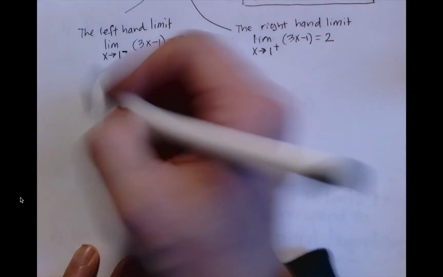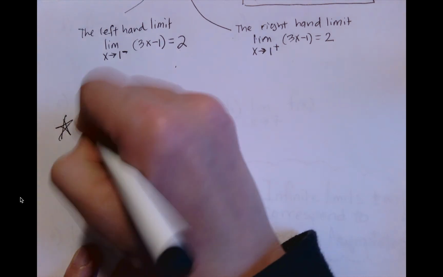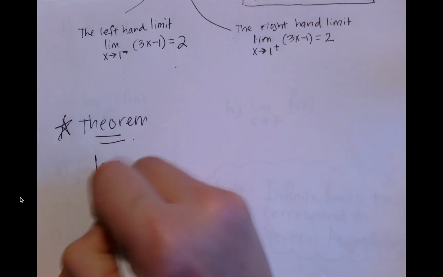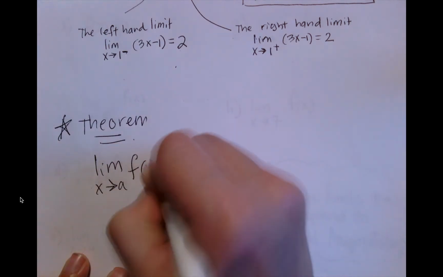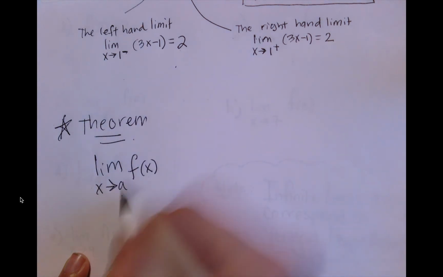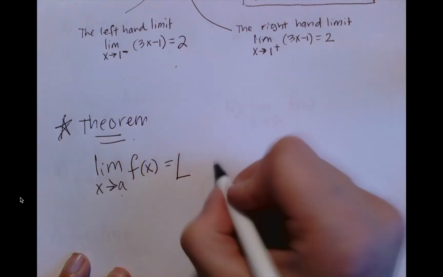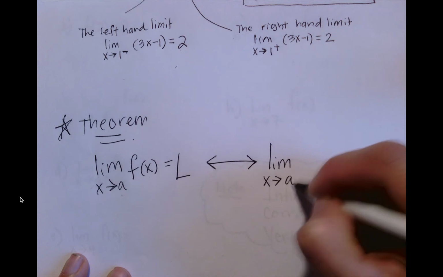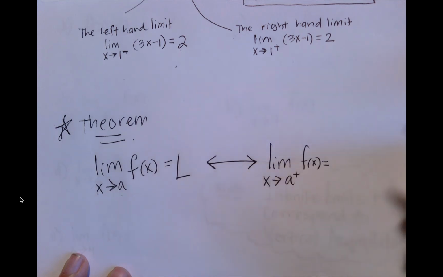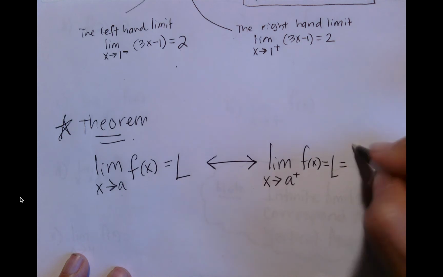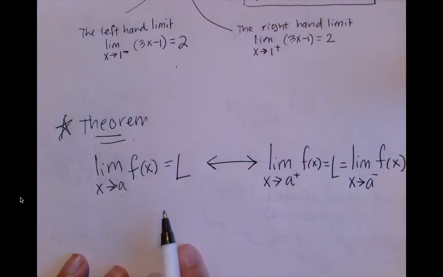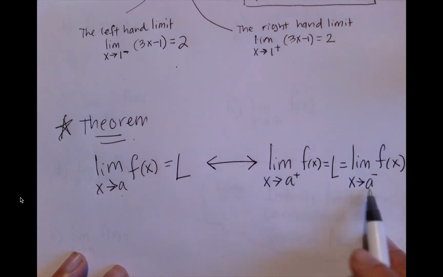So a key theorem that we have is that the two-sided limit of a function f as x approaches a is equal to L if and only if the right-hand limit is equal to L and the left-hand limit is also equal to L. In other words, a limit only exists when the left and the right limits are equal.